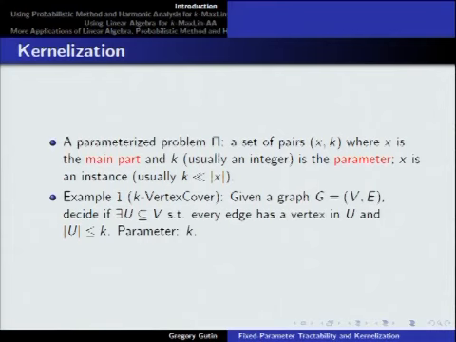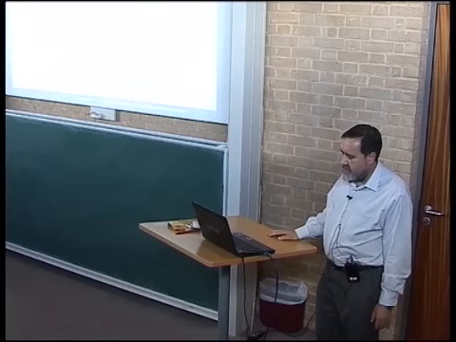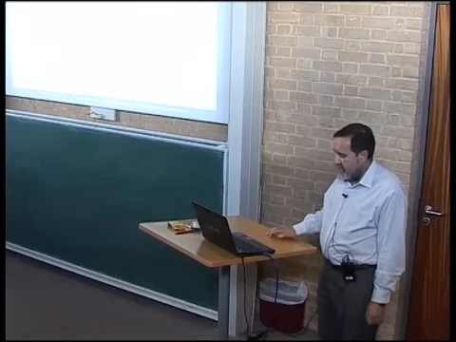So what is a parameterized problem? It's a set of pairs where x is the main part and k, which is usually an integer, is called the parameter. In most applications, k is much smaller than the size of x. Just to give you an example, k-vertex cover.